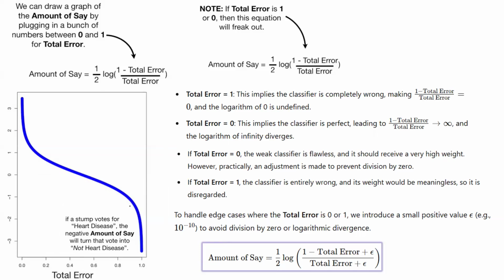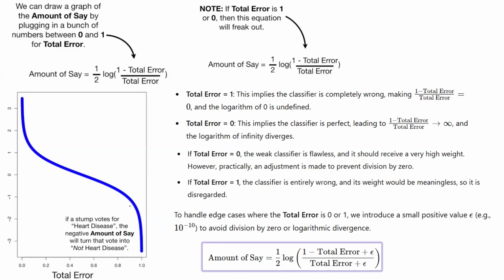When we say amount of say is negative, that means total error is very high for that particular stump. That means it is making a wrong prediction for every record that we pass. So when we reverse that, how do we understand the output of such a stump? The reverse prediction has to be made.